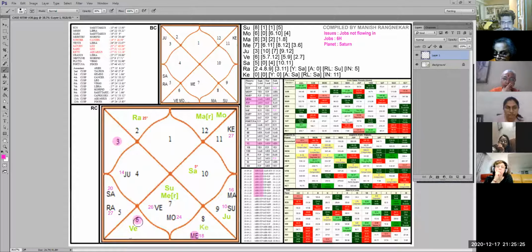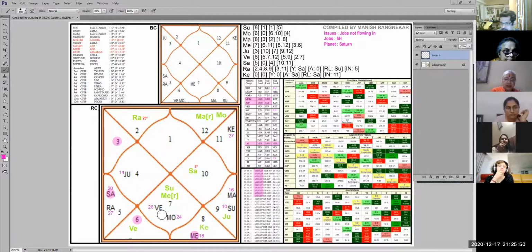Now where is Saturn seated? Saturn is seated here at 20 degrees. Can you see that? And your Mercury is at 18 degrees Scorpio, and Saturn is Leo 20 degrees.